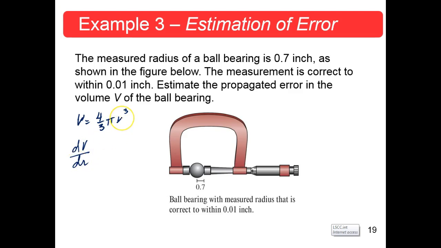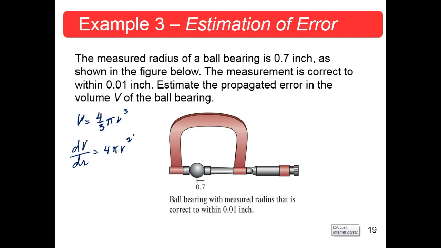r is the independent variable here. What would the derivative be? dV dr. Not that hard, folks. 4 pi r squared. 4 pi r squared, exactly.